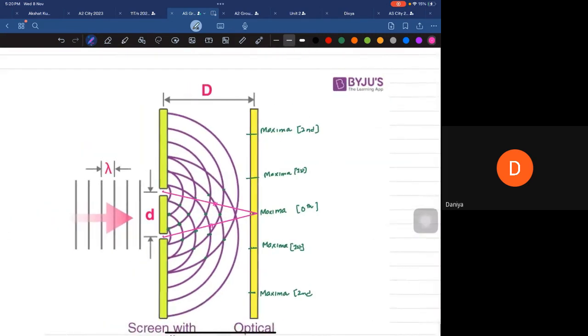So if I wanted to find the path difference, the path difference here would be S2 minus S1, which is 0. This is the reason we call this zeroth order, because if n is 0, then n lambda will be 0 as well. Do you get it?